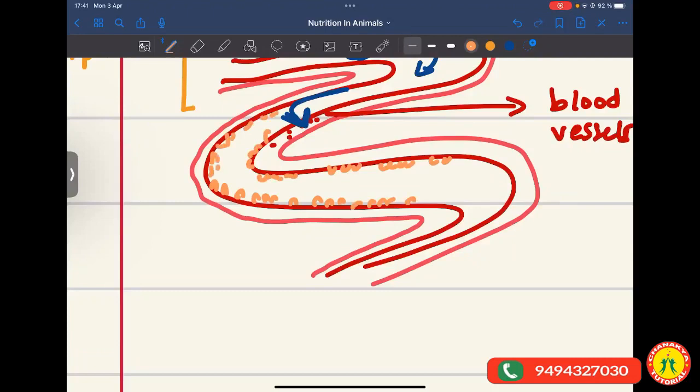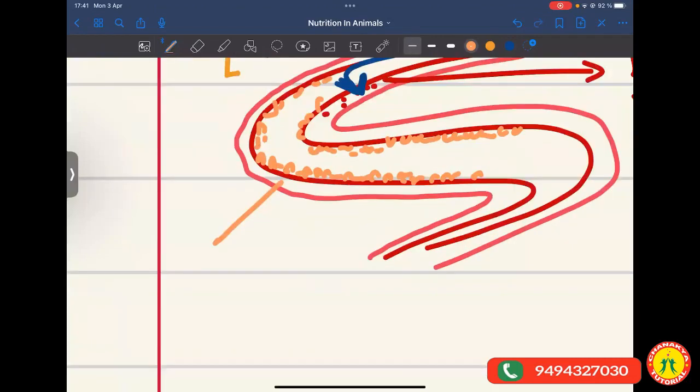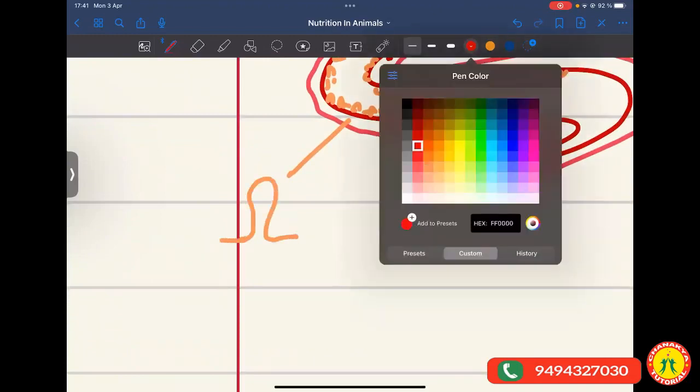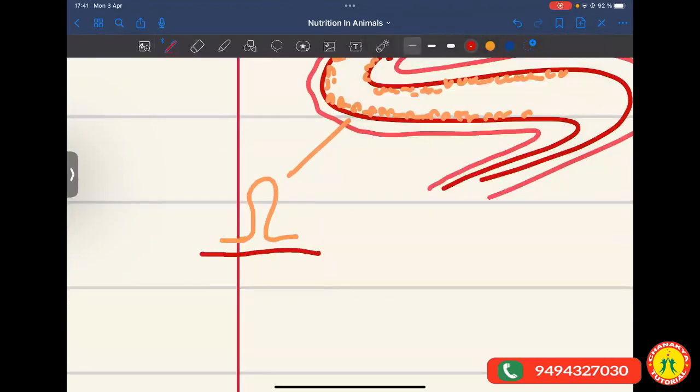I'm not drawing all of them, I'm just drawing a small portion over here. So basically it looks something like this. It is present on the intestine. This is called the villi.